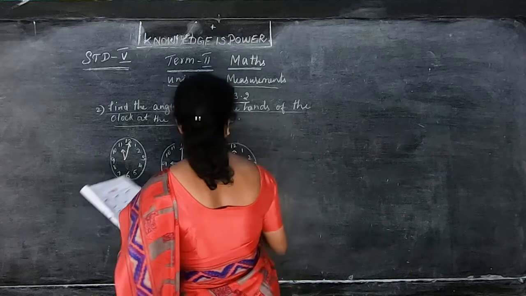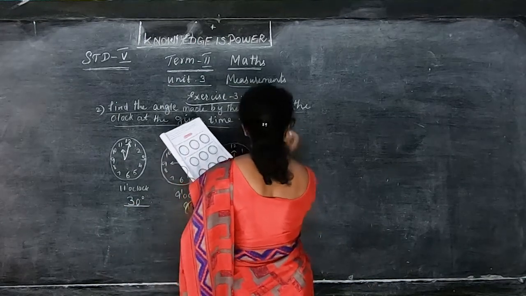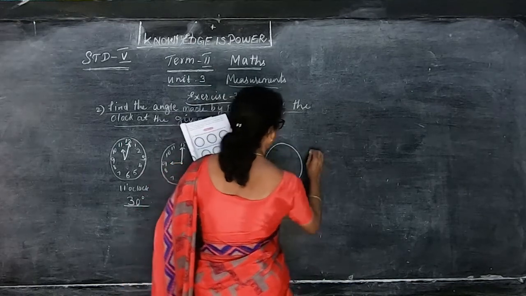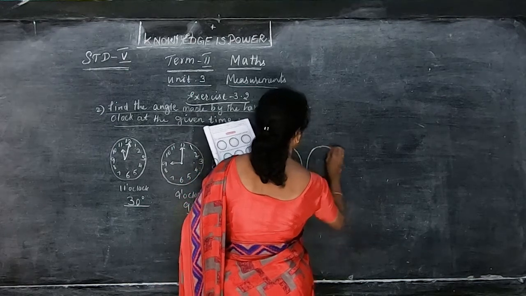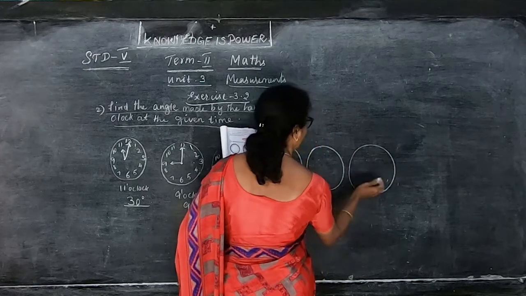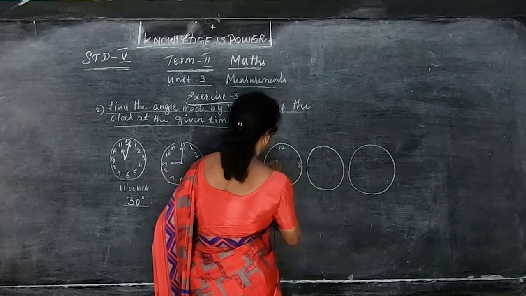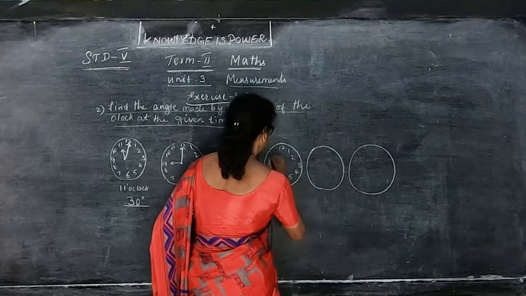Like that, fourth sum. 4, 5 and 6, 3 more sums are there.